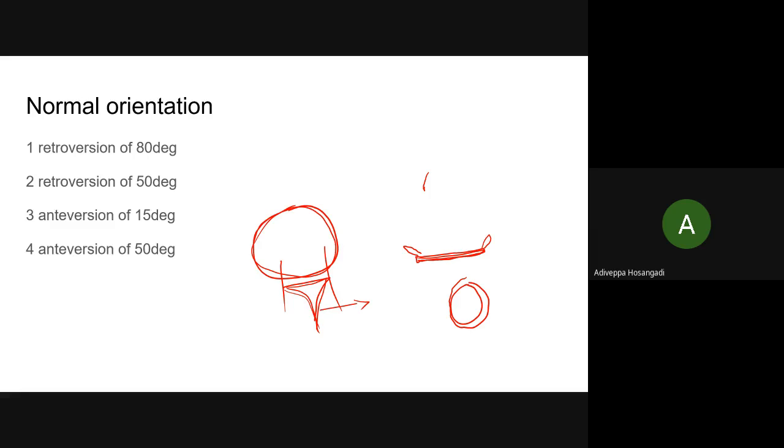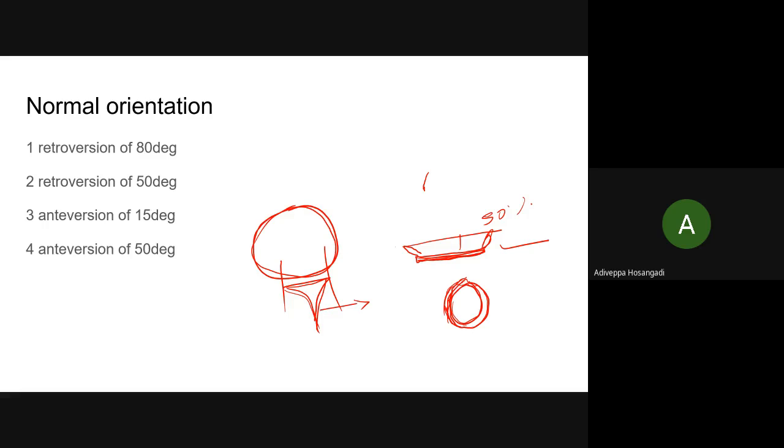I am showing the saucer from the side, and this is from the end. So this is actually flat, and the depth is increased by almost 50% by the glenoid labrum. The glenoid labrum is fibrocartilaginous tissue adherent to the glenoid margin. Please remember this.